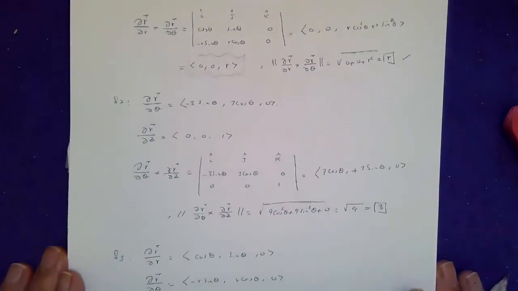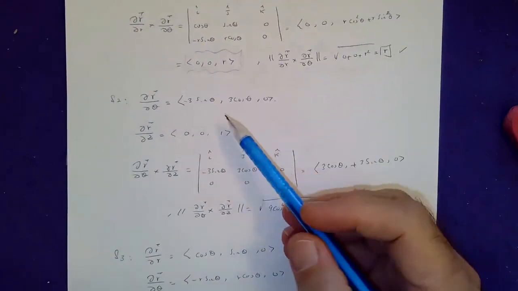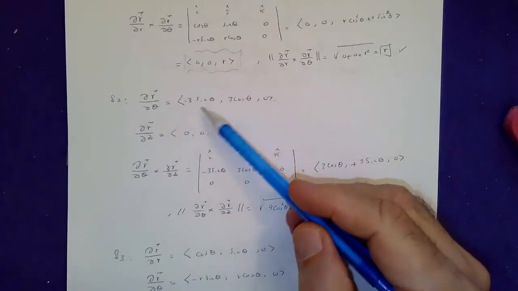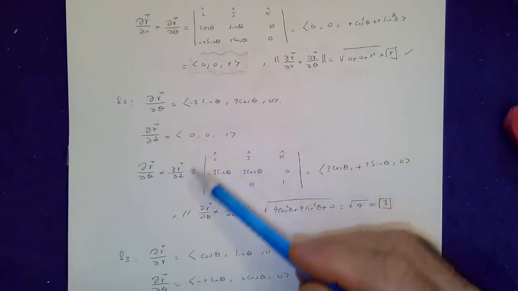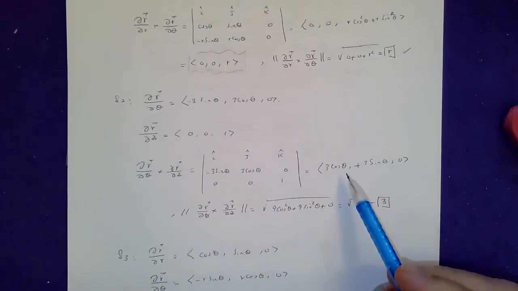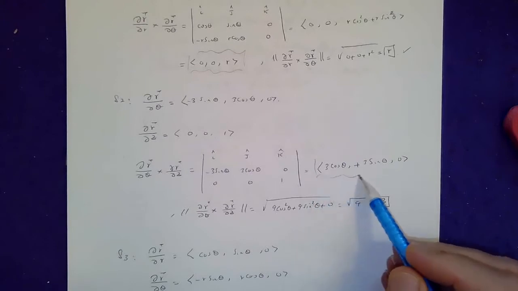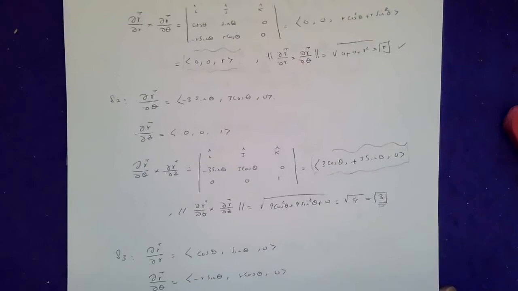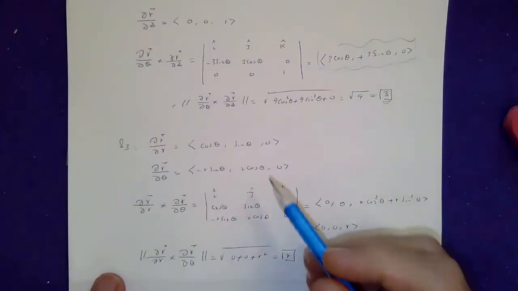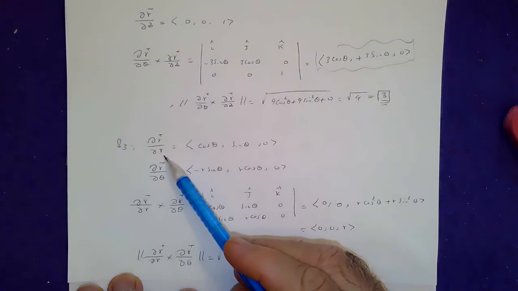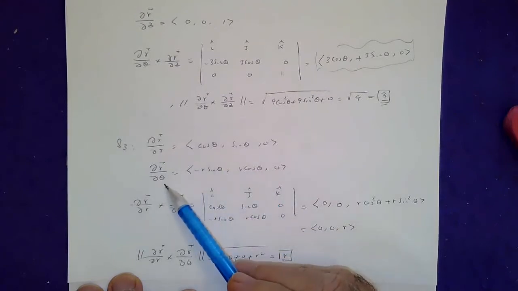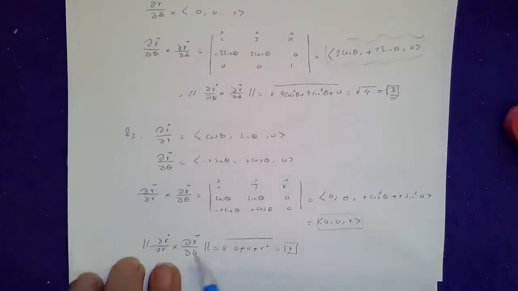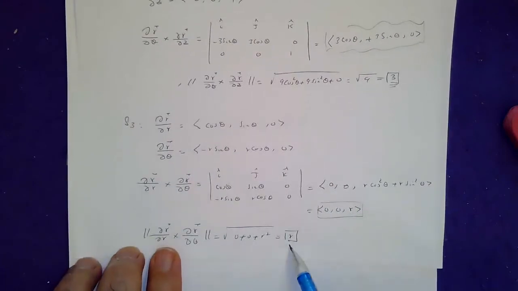On the other hand, for S2, the sides, I have the partial derivative of r with respect to theta and with respect to z, took the cross product, and at the end of the day, I got this. But now I have to take the magnitude, and when I do, I get 3. For the top, I have the partial derivative of r with respect to r and with respect to theta. Take the cross product, you get this. Take the magnitude, you get r.